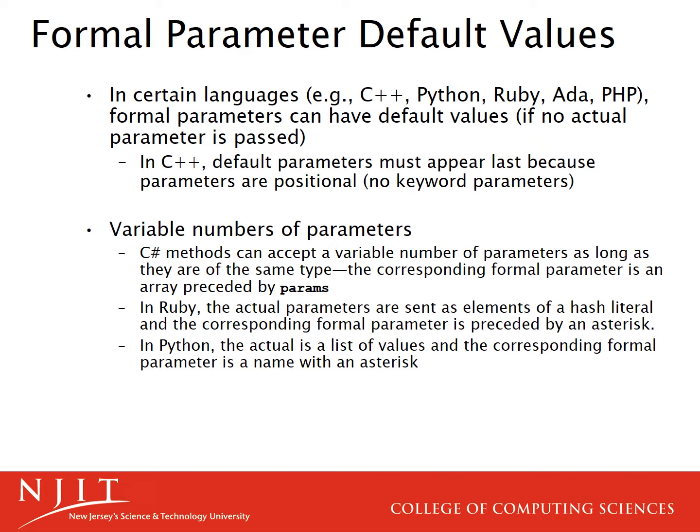The old style C programming language printf function declaration, where you pass it a string that has a bunch of formatting characters in it, is a way of managing the types and number of actual parameters that are passed in a function that supposedly takes variable numbers of parameters. Languages like C# and Ruby and Python have their own ways of providing for variable numbers of parameters in a way that's a little safer.